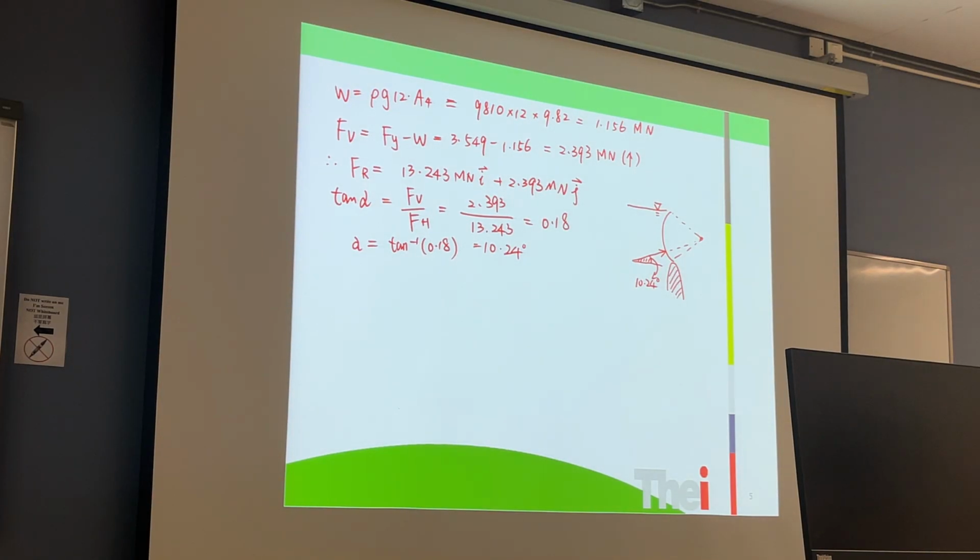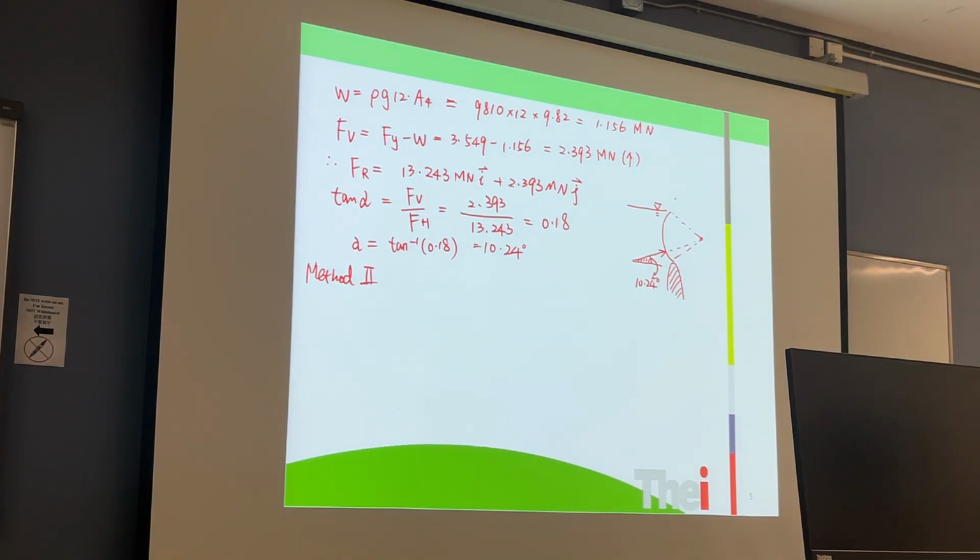This is method one. Method one seems to be very complicated, especially calculating the self-weight. Now method two will be simpler.